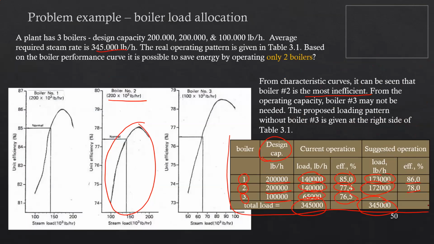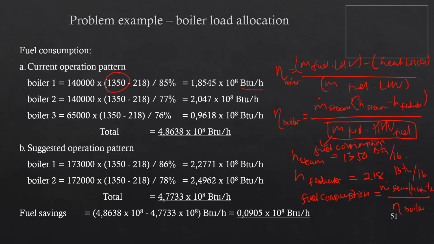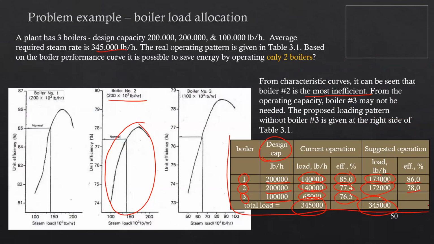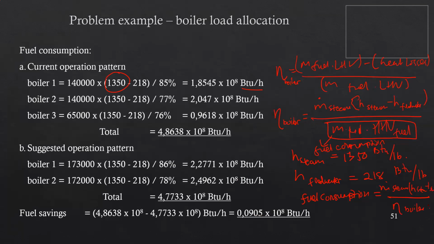For all of the boilers given here, boiler 1, boiler 2, boiler 3, with the corresponding load capacity for each boiler: boiler 1 is 140,000, same with boiler number 2, for the mass flow rate or capacity loading.